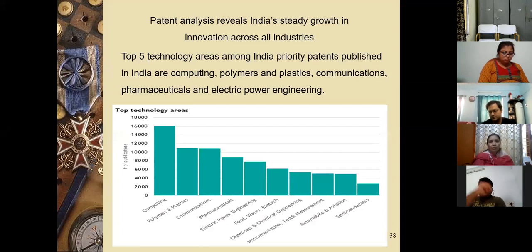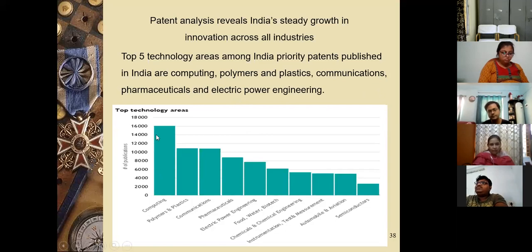Some information about the status of patents. Patent analysis reveals India's steady growth in innovation across all industries. The top 5 technology areas in India which prioritize patent publishing are computing, polymers and plastics, communications, pharmaceuticals, and electric power engineering.